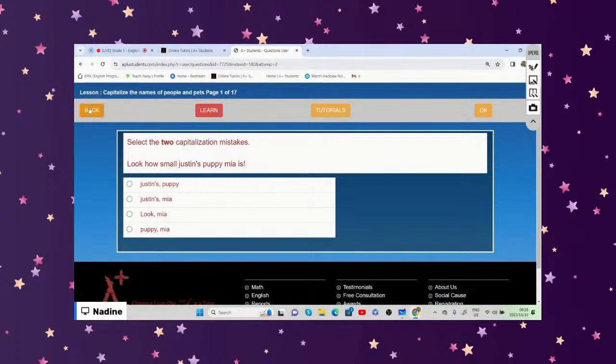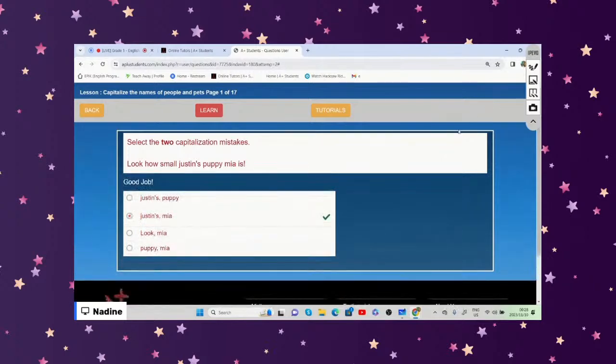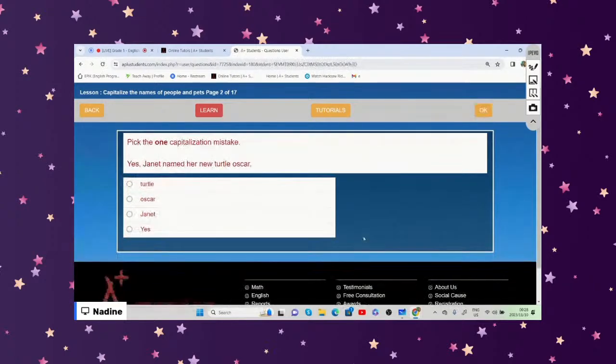All right, so if we select the two capitalization mistakes, then it is Justin and Mia, because Justin is the name of a person and Mia is the name of his puppy. So it's Justin's and Mia.